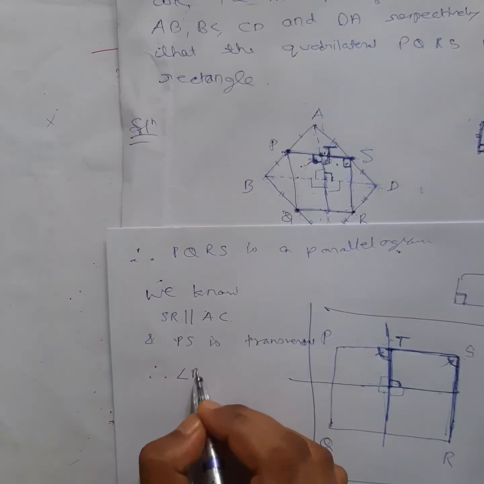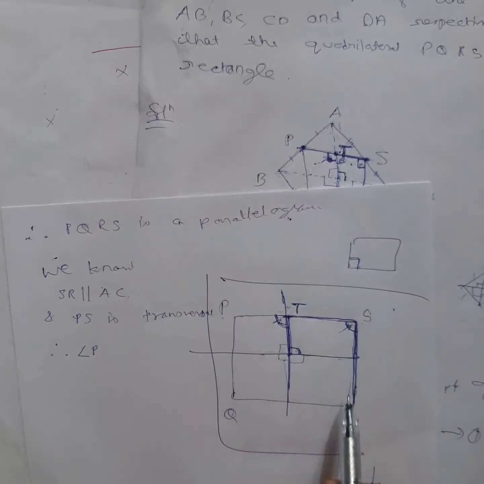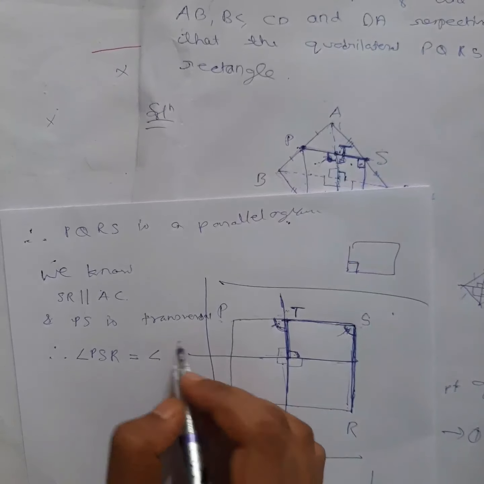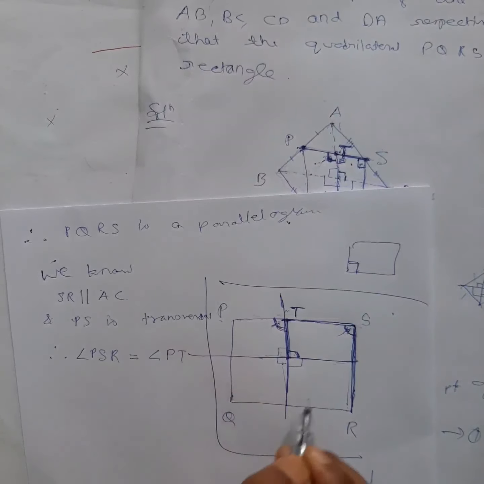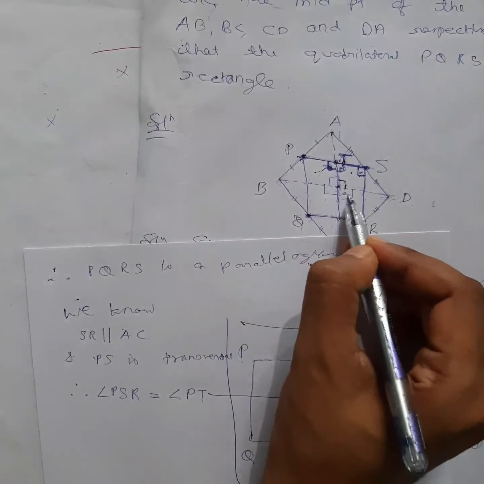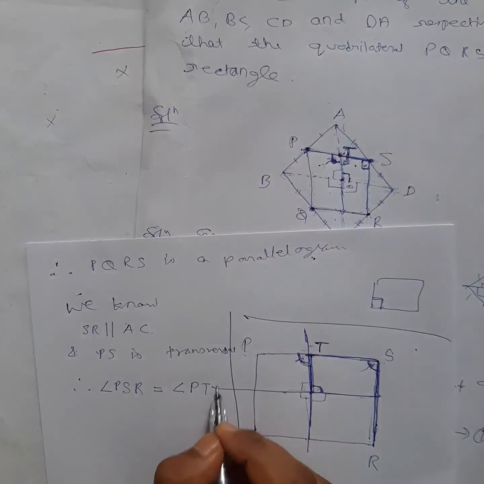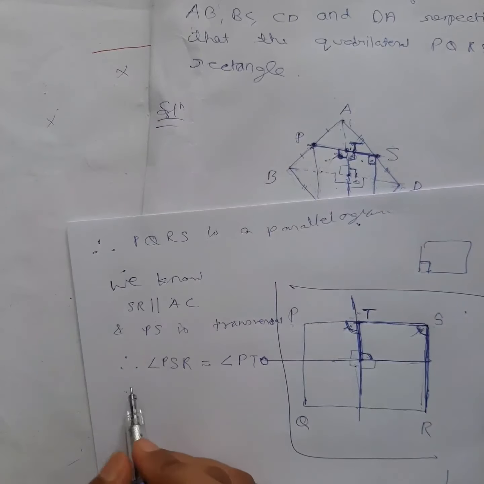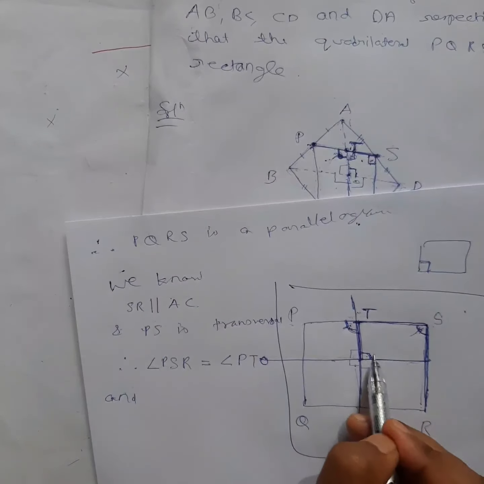Angle PSR is equal to angle PT. This one, what is the name? Let me name this also O. Okay, PTO. So this angle and this angle are the same, right?